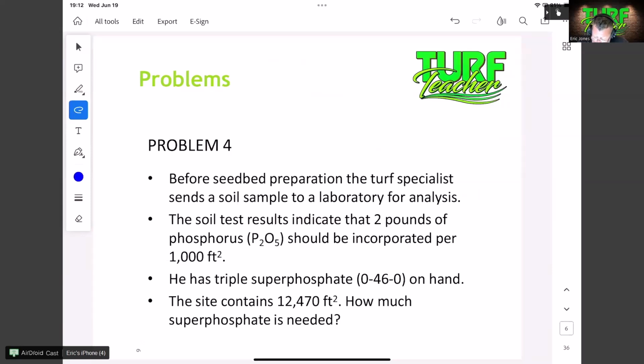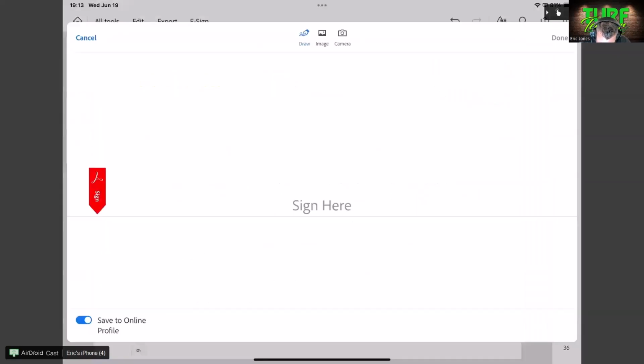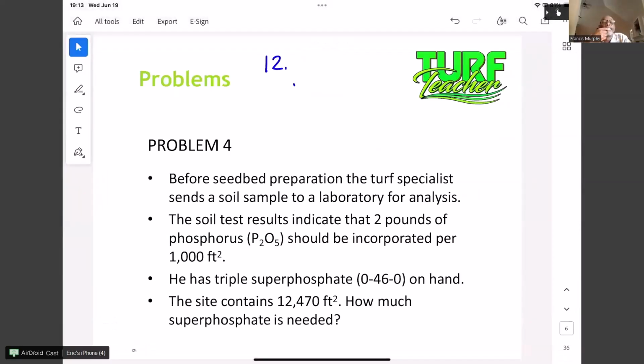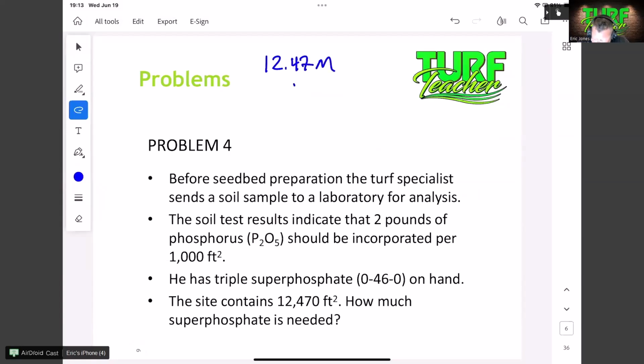All right, so we have 12,470 square feet. You can do 12.47 M for 1,000 representing it in the numbers.